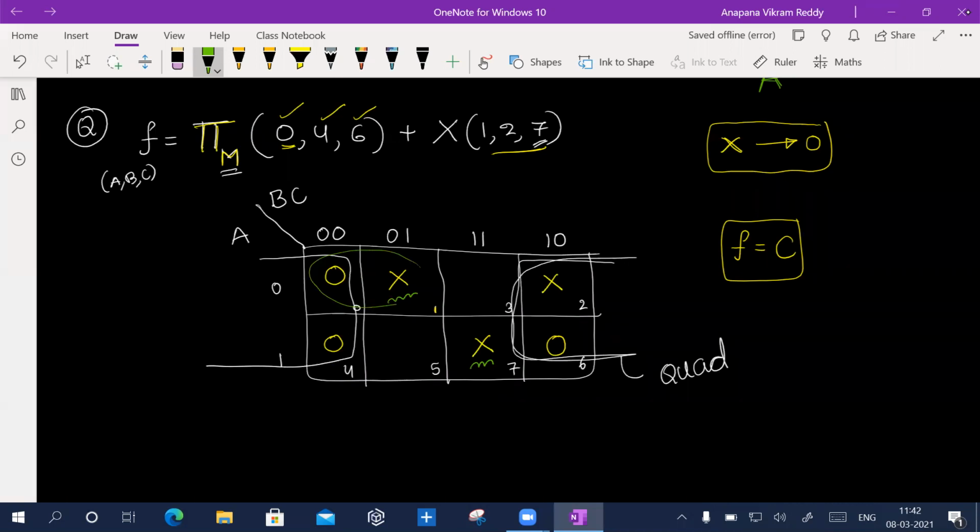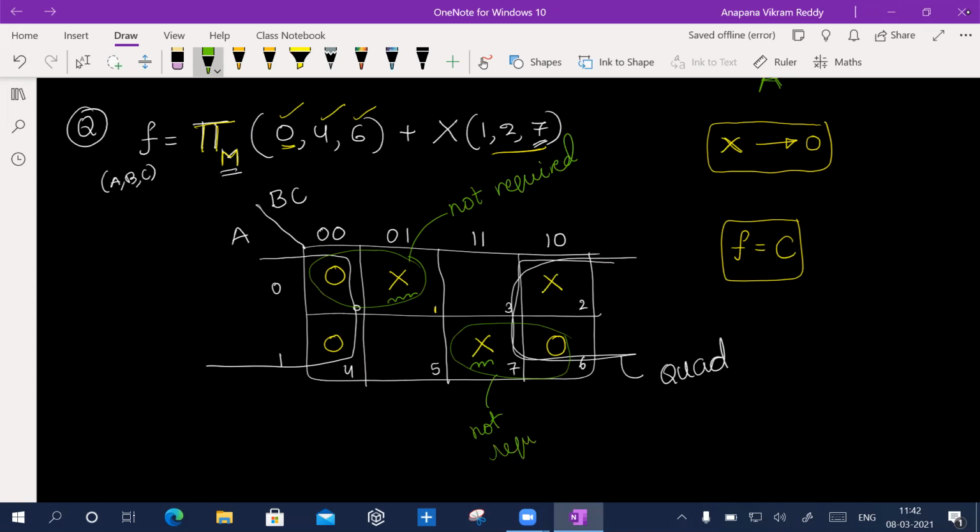If you are tempted to do this, you will unnecessarily waste logic gates, and your result will take more time to obtain. So don't go for these things. This is not required, and this is also not required.